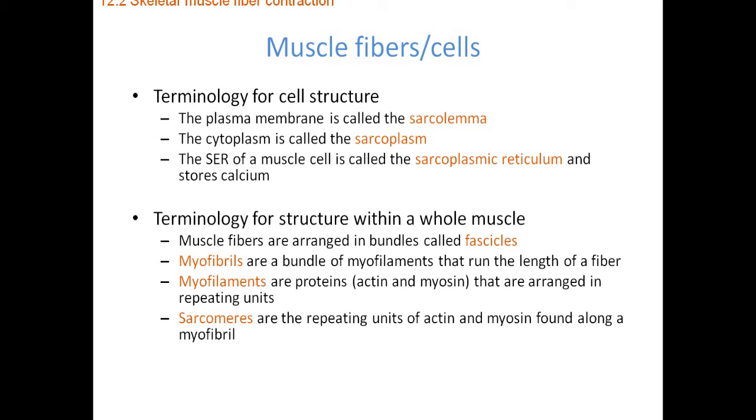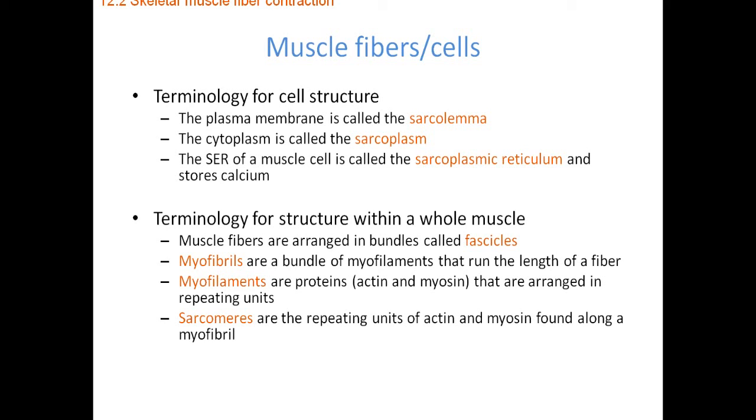Okay, so if we start talking about terminology for a whole muscle, we can break it down from the big pieces down to the smallest piece. Okay, so the muscle fibers are arranged in bundles, and those bundles are called fascicles. So fascicles you could actually see with your naked eye. Okay, and then they're broken down into myofibrils. Okay, so myofibrils are bundles of myofilaments.